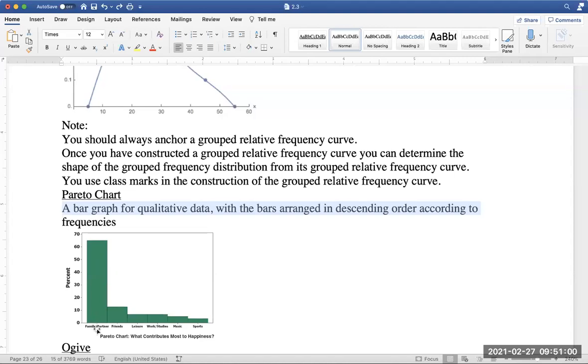So parent/partner has the highest frequency, next friends, next leisure, etc. It starts from high and goes to low, or vice versa. It doesn't really matter which way you do it, just as long as it's ordered. Then you can look here and see which gives us the largest and lesser contributions by looking at this graph.